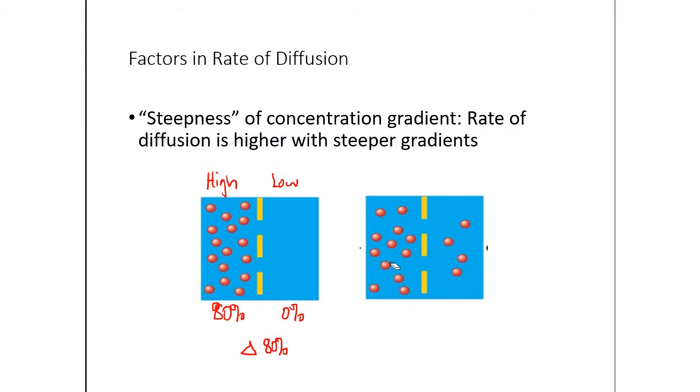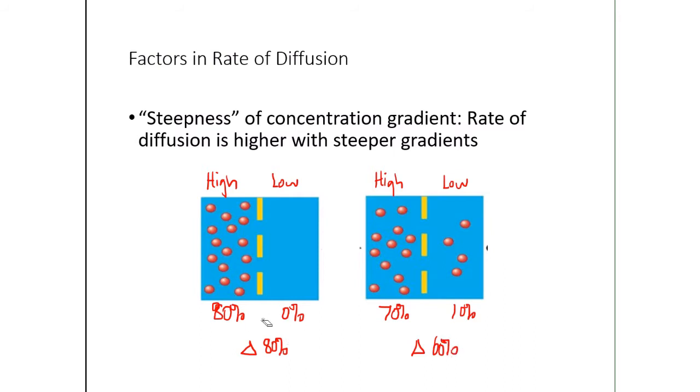Over here, on the left side, we have some red balls, and let's just say this is 70%. It's still considered the high concentration compared to the right side, which only has a few balls, so this is low concentration. But it's not 0% over here, because there are some red dots, so this might be, let's say, 10%. So if you do 70 minus 10, the difference here is 60%.